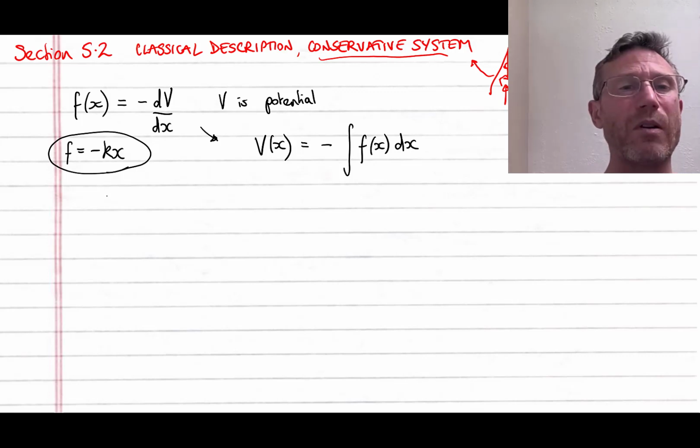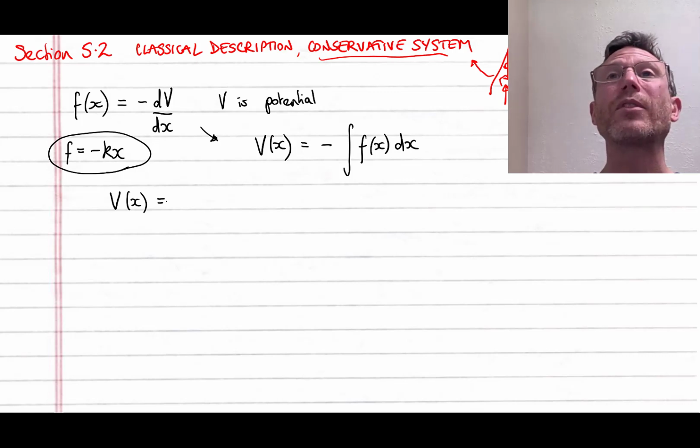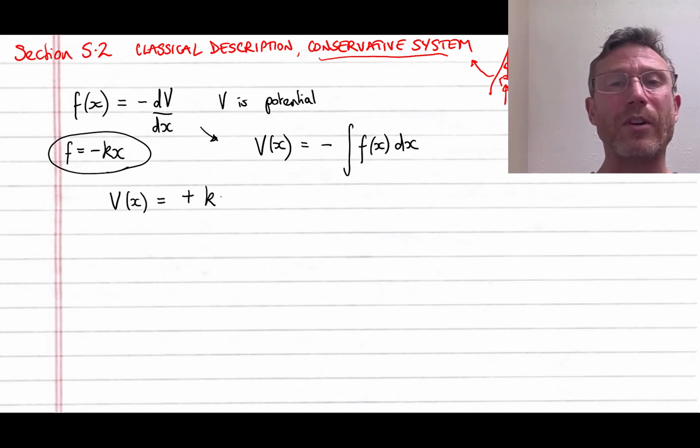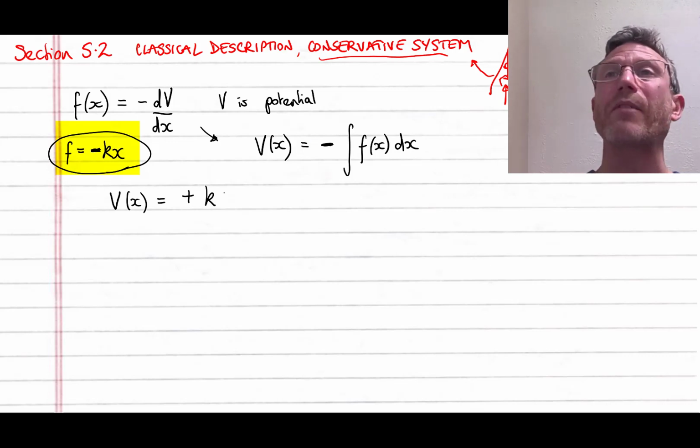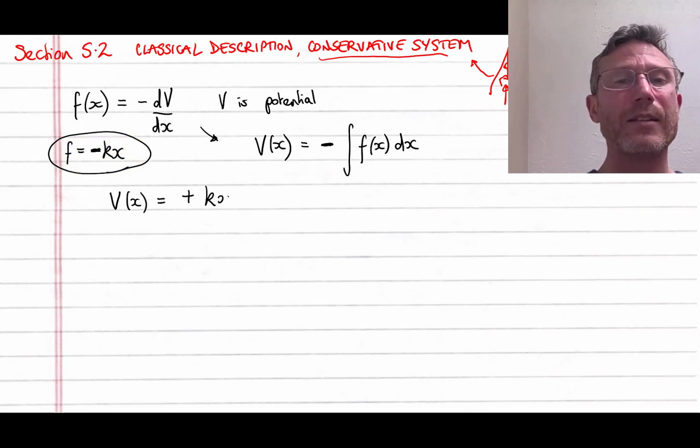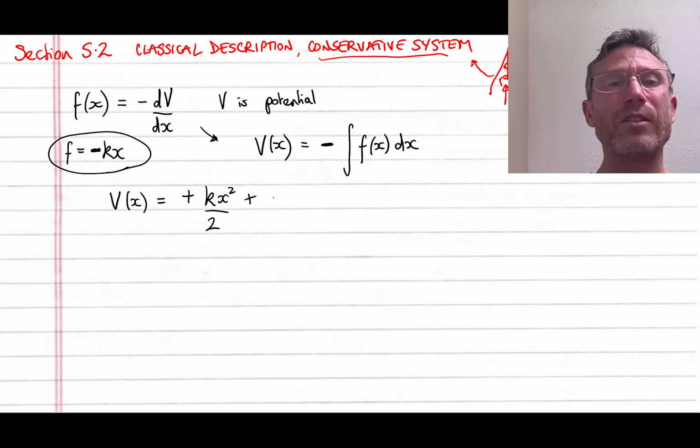And what do we get? Well, we will get V of x is equal to plus kx squared. So we've got a minus in here, don't forget, but we've also got a minus value in here for f equal to minus kx. So we end up with plus kx squared over 2 plus the integration constant.